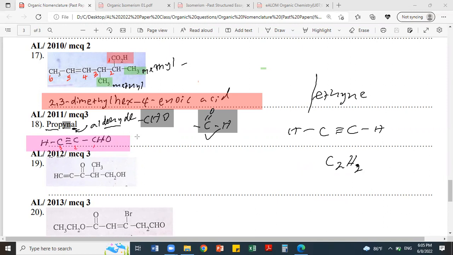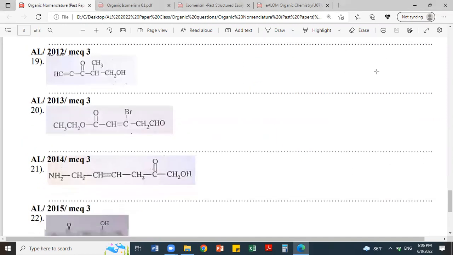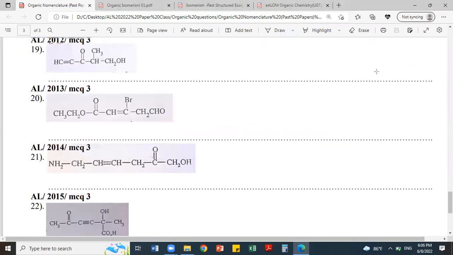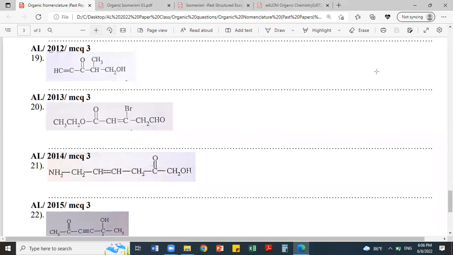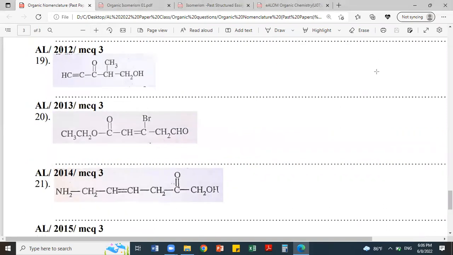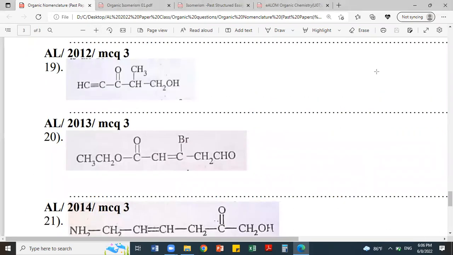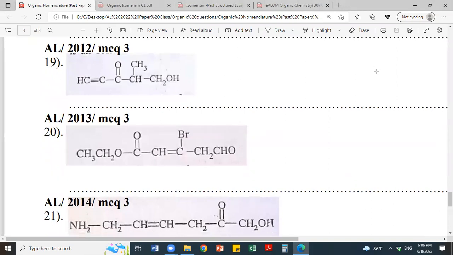2012 A level, question number 3, MCQ. I'll erase the rest. This one. Okay, how to write the name? Now again, check what are the groups attached here.